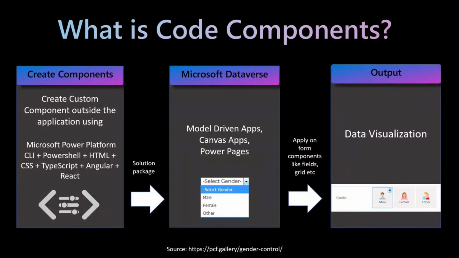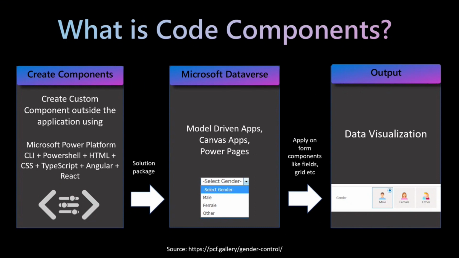Okay, so once you import that solution into the Microsoft Dataverse, you can apply that custom control on the model-driven apps, on the Canvas app, or on the Power Pages. For example, I have a drop-down on my model-driven app form called gender, where the user has to choose between male, female, and other. So it's just a simple control, like a drop-down control.